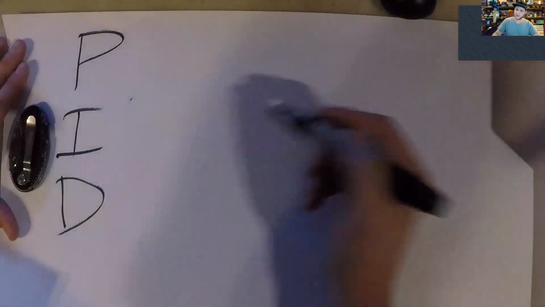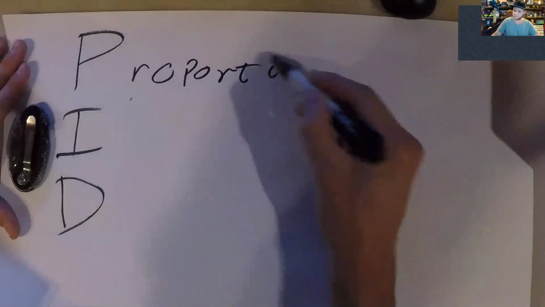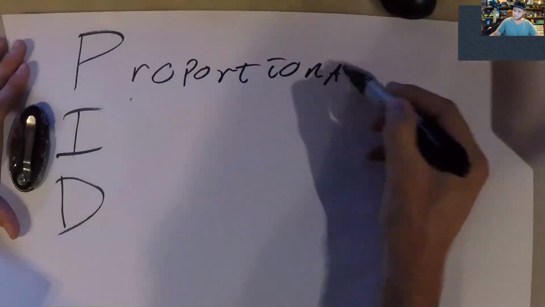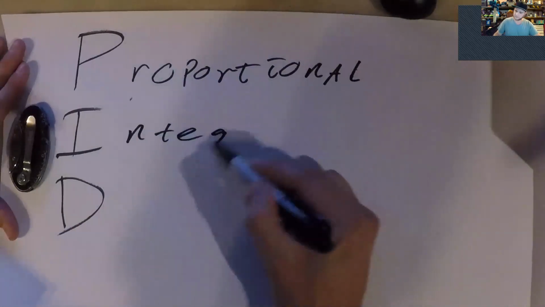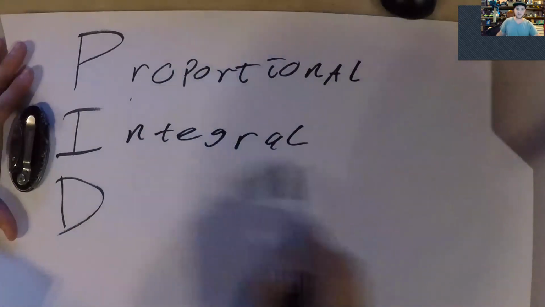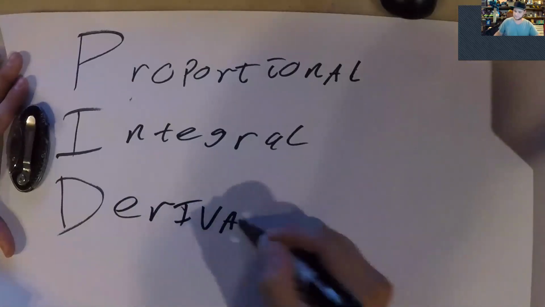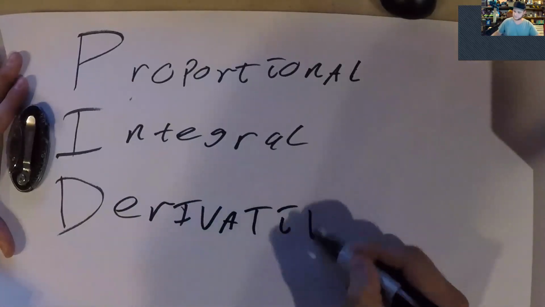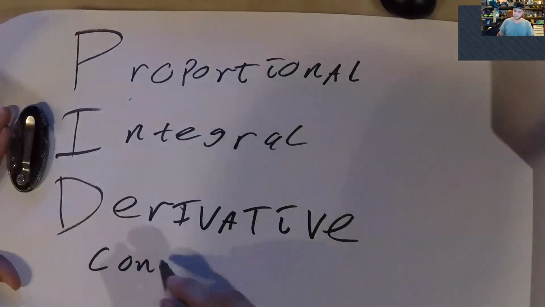Okay, so PID stands for proportional, integral, like the math integral, derivative, also like the math derivative, control.